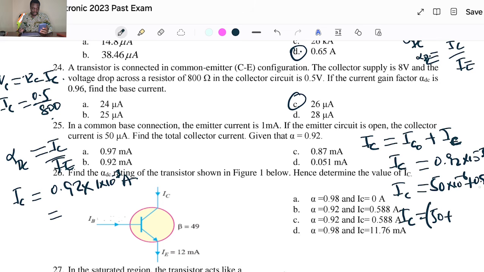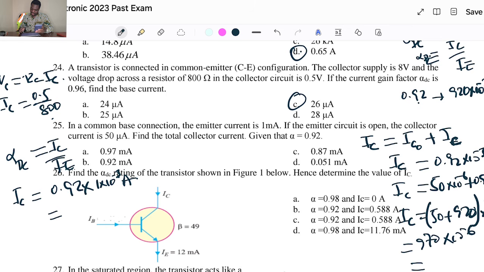0.92 milli expressed in micro, which is 10 to the power minus 6, becomes 920. So we have 50 plus 920, which is 970 times 10 to the power minus 6.